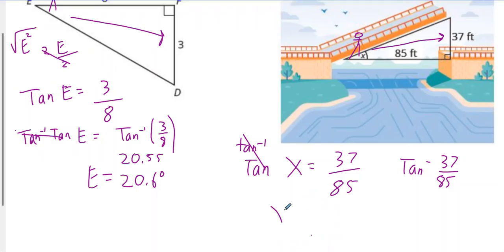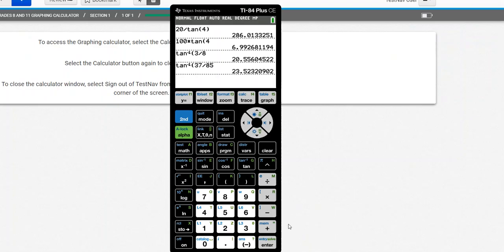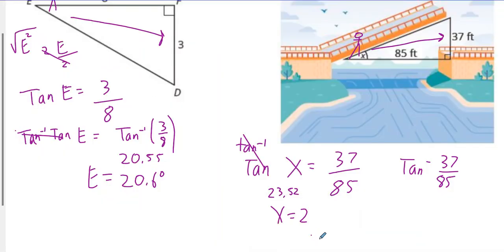So x is 23.52. We'll round to the nearest tenth, 23.5 degrees.